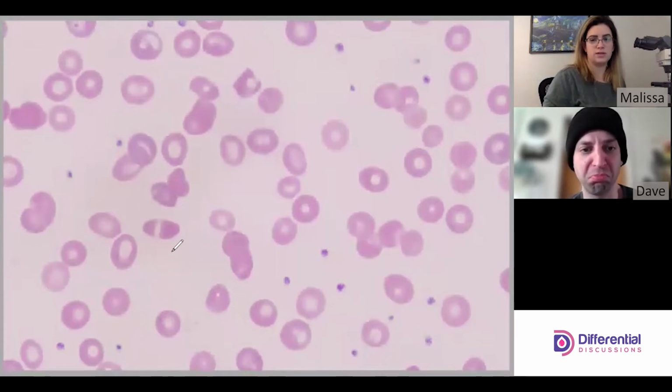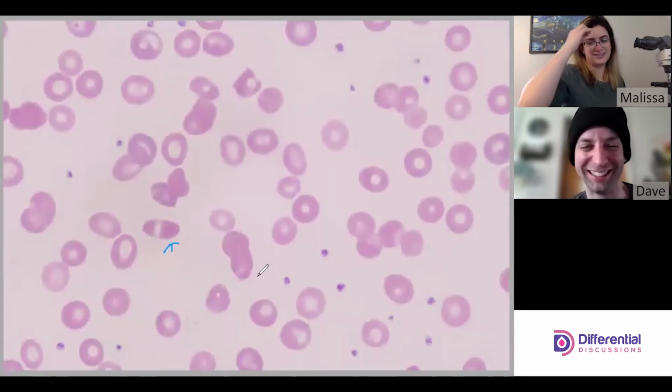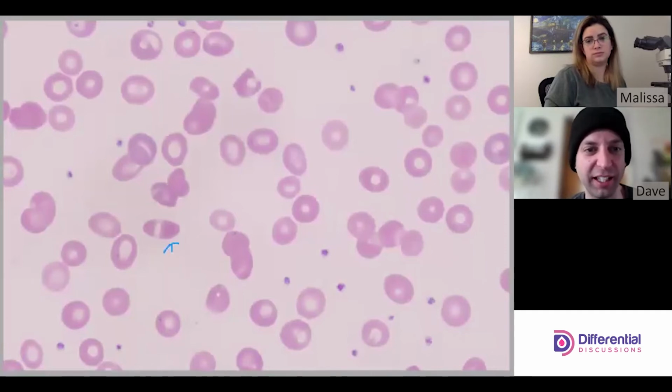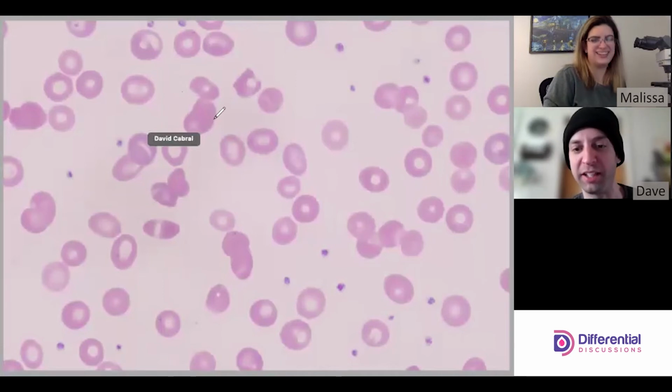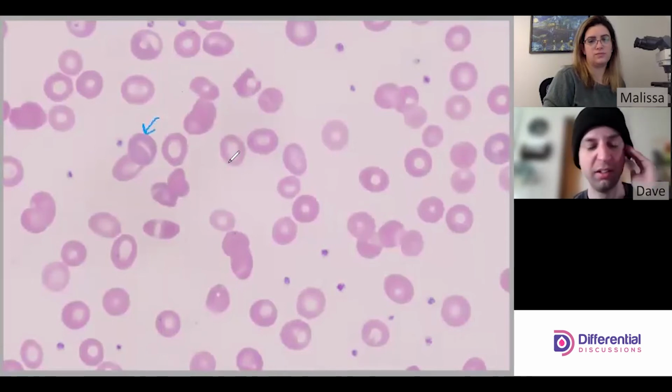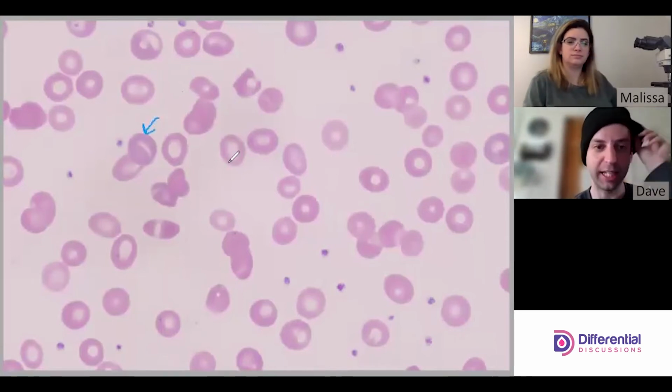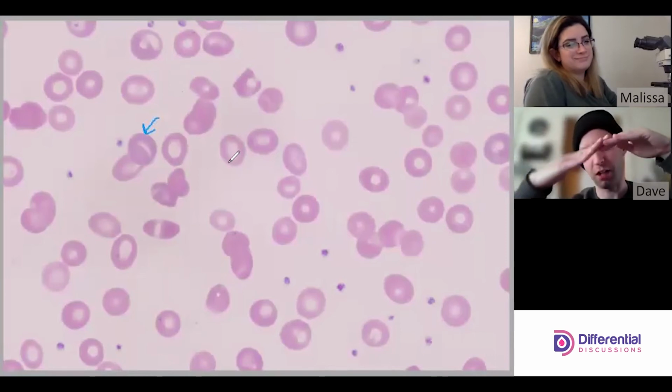Like this one you can tell is a sickle cell, even though it looks kind of wonky here. That's not a stomatocyte. Please don't call it stomatocyte. Even from time to time I'll get students who go on a stomatocyte kick. With this particular cell here, this has nothing to do with sickle cell, but that cell is on top of another red cell, which is causing it to fold up.